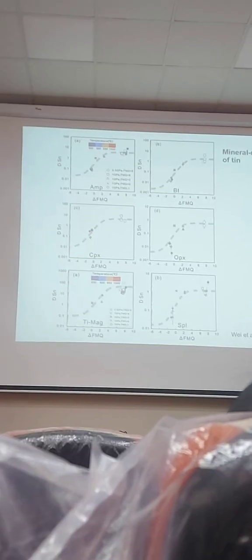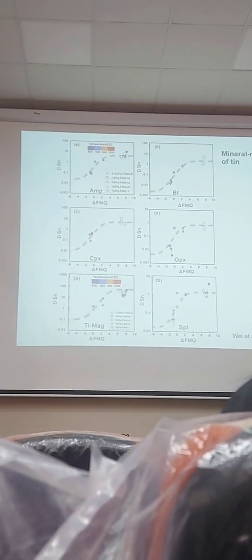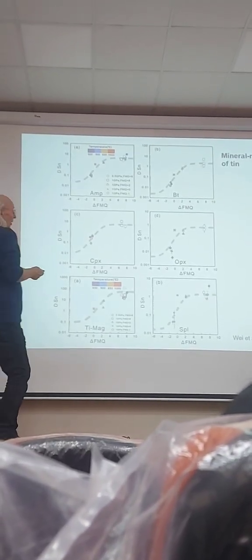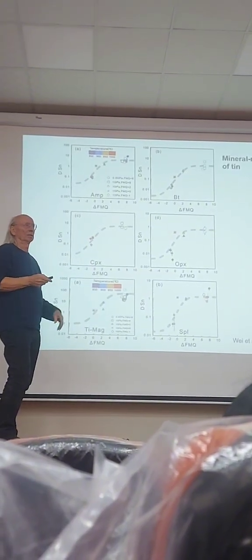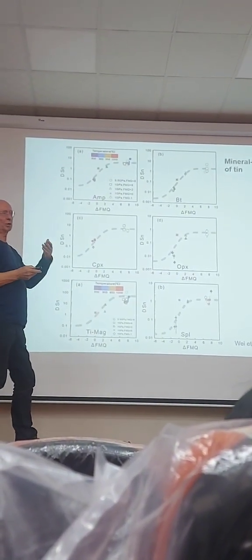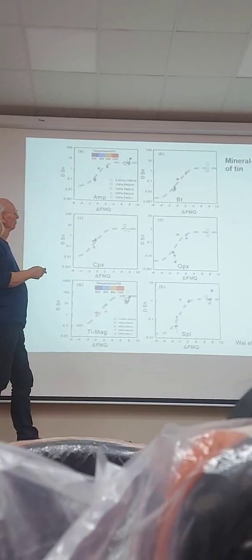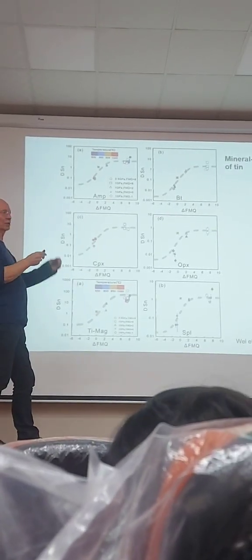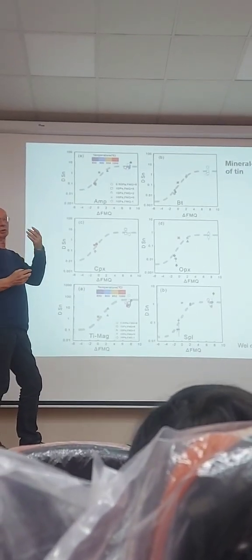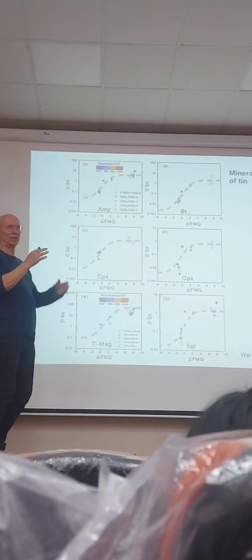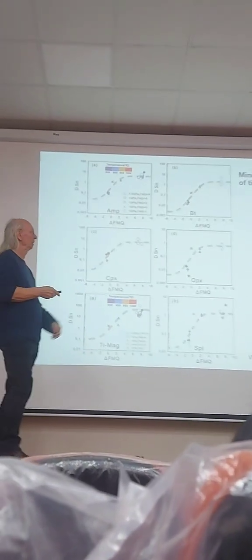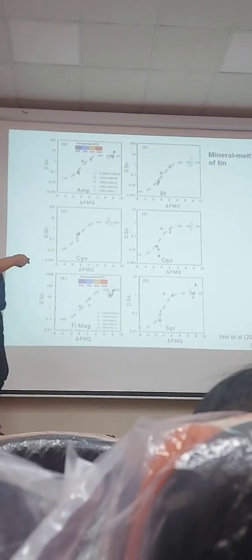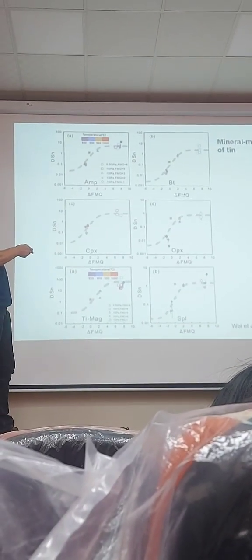Now I don't know if you know about oxidation state. Some people also call it oxygen fugacity. The oxygen fugacity of a rock, of a melt, is defined by minerals which buffer the oxygen fugacity. And one of these oxygen buffers is the FMQ buffer.